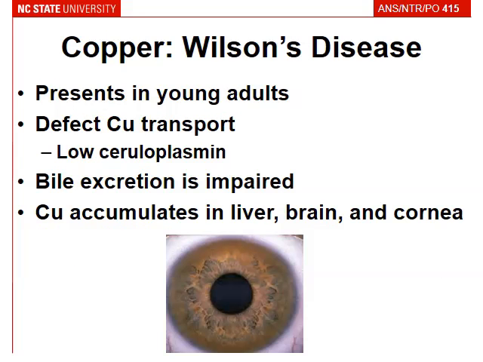There is a genetic disease in people referred to as Wilson's disease, and this actually ends up presenting in young adults. It obviously is a genetic disorder and slowly occurs over time, but once children hit puberty, that's when you start to see the ramifications of the disease, or when it presents, and it's associated with a defect in copper transport.